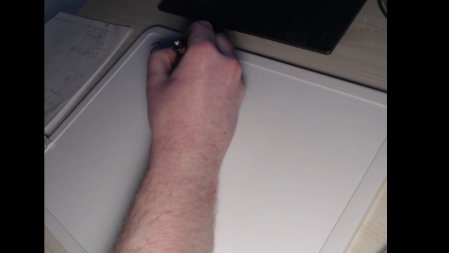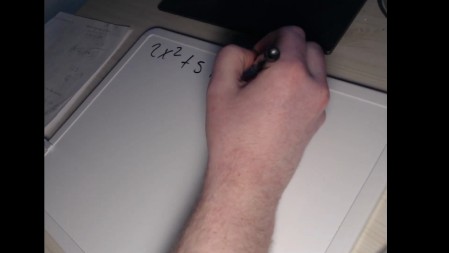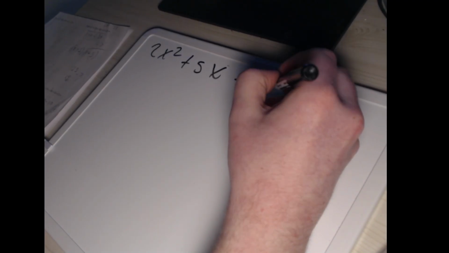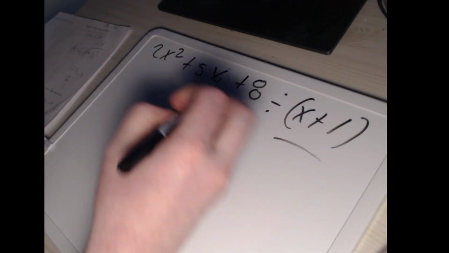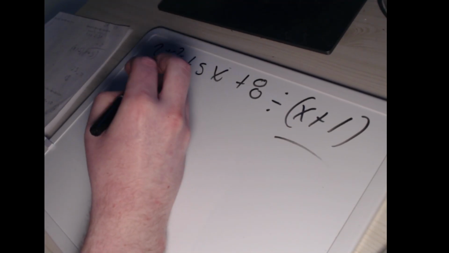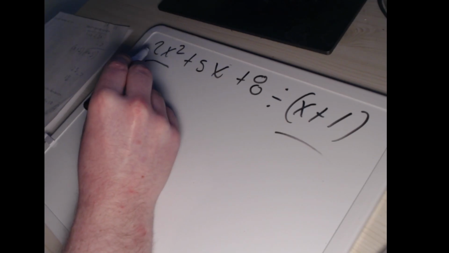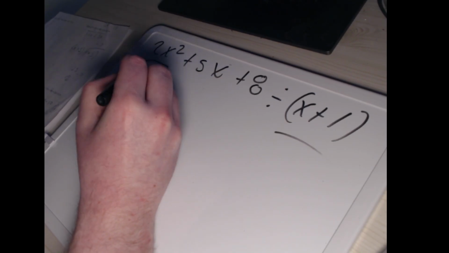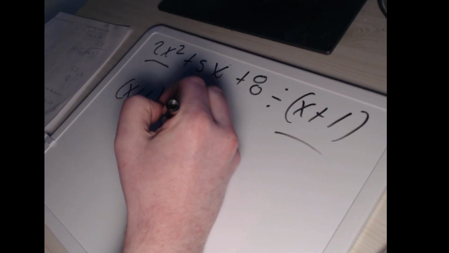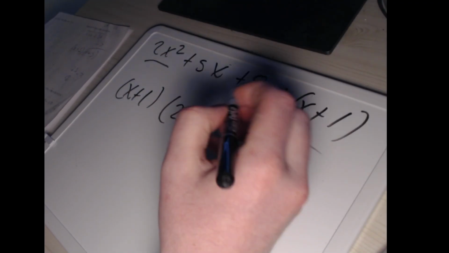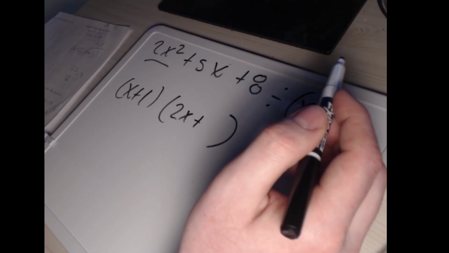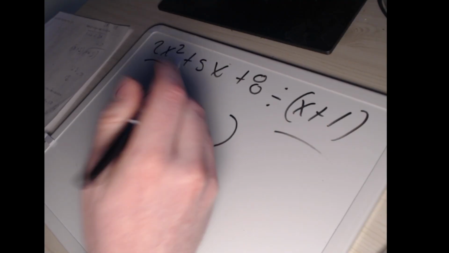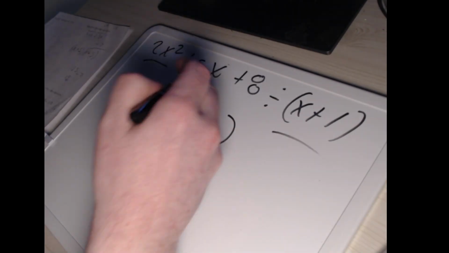2x squared plus 5x plus 8 divided by x plus 1. Okay, x plus 1 is going to start out. We know there's a 2x squared. Now this one's a little different. In order to get 2x squared, we need 2x. Then plus what? Well, we're going to have 2x plus another x to get to 5x.